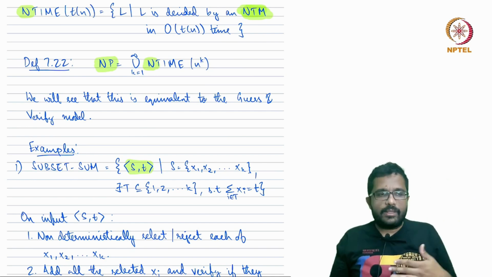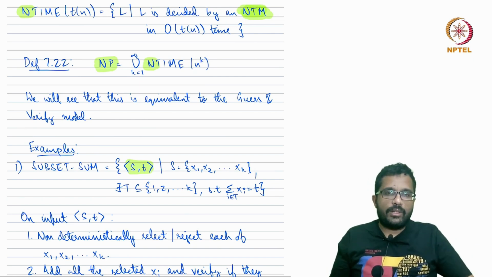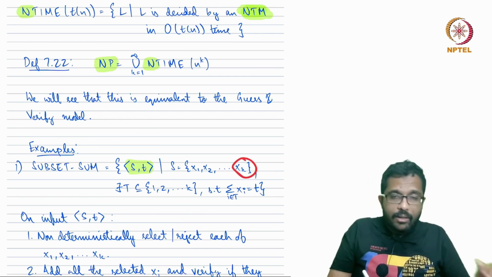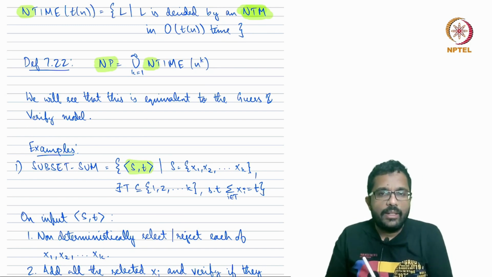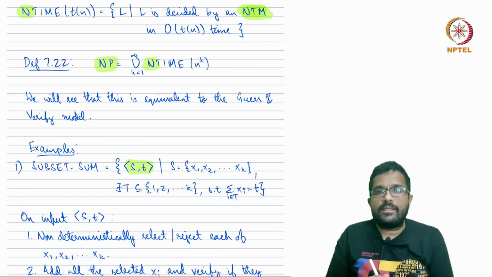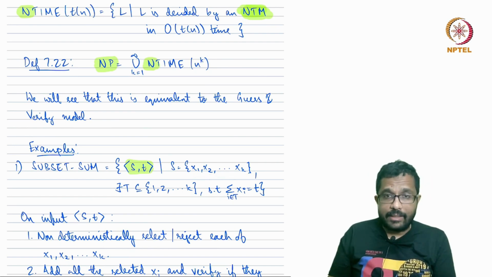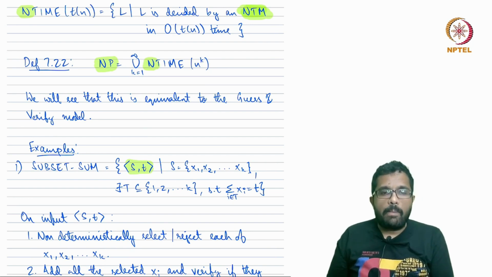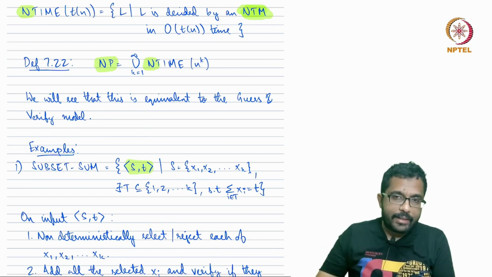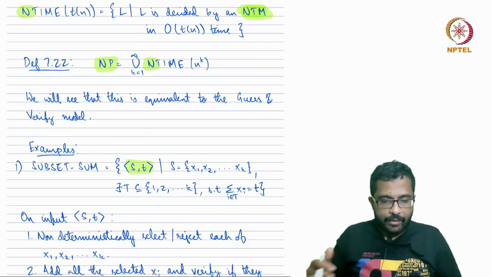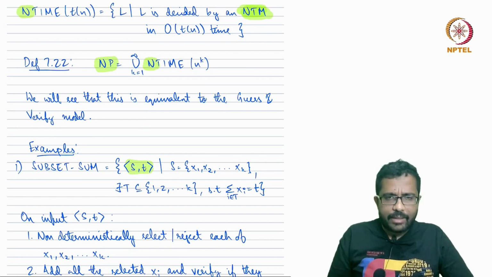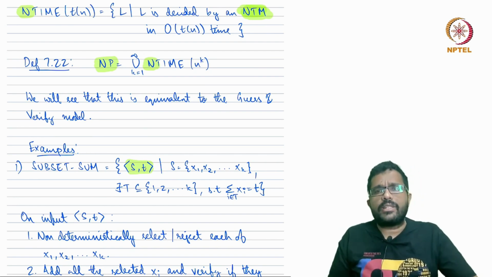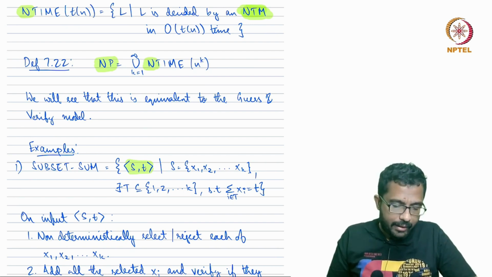Otherwise you go through all possible subsets, don't find any subset which sums to t, at which point you say no. But that requires you to check 2^k subsets, or 2^k minus 1 subsets or whatever. For each subset you have to verify, which requires some addition, taking some polynomial time which I am not really measuring, but overall it takes exponential time in the number of elements of S.